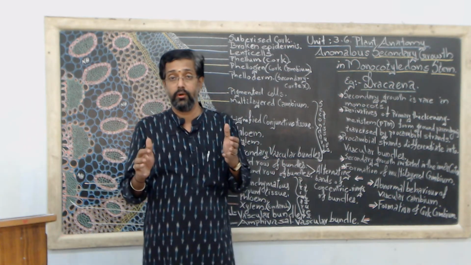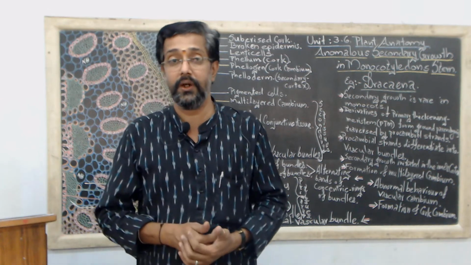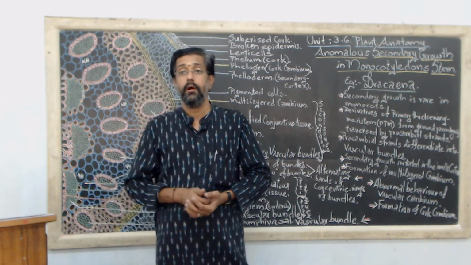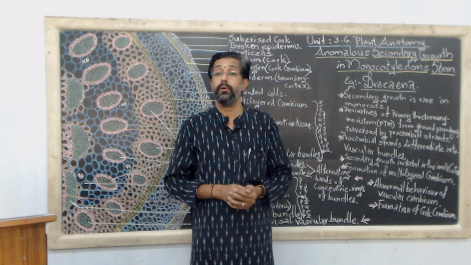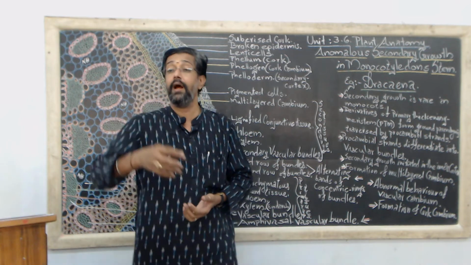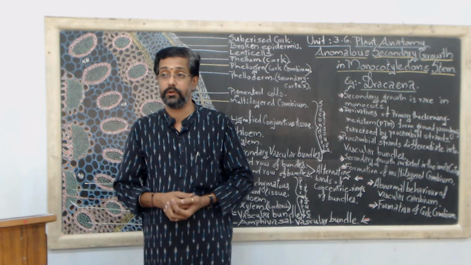That outer zone in the primary structure is derived as the epidermal tissue system, and it contains the hypodermal collenchyma and some bands of sclerenchymatous cells.